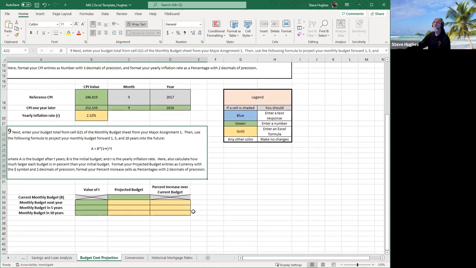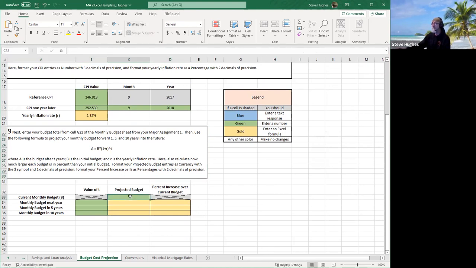All right, next. It says, enter your budget total from cell G21 of the monthly budget sheet from major assignment 1. All right, I don't have a monthly total from major assignment 1, so I'm going to type in an amount here, okay? Let's suppose my amount was $1,254.52, okay?